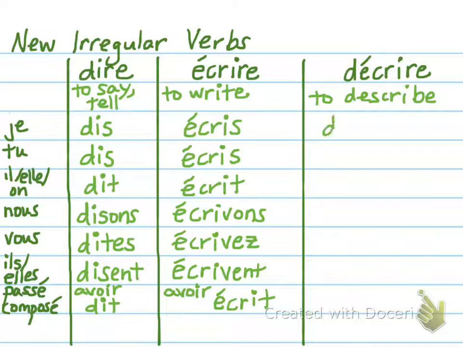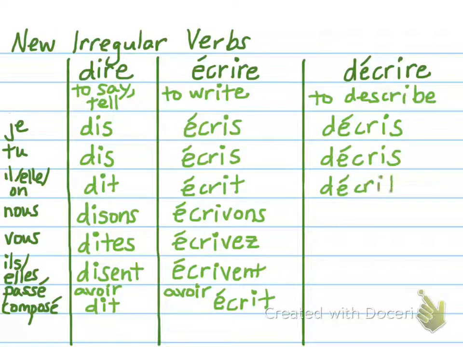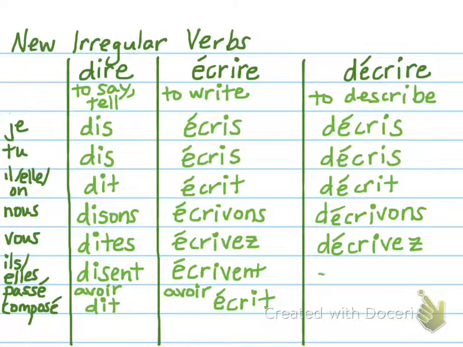So it's je décris, tu décris, il, elle, on décrit, now ending with a T. Nous décrivons, vous décrivez, il, elle décrivent, and for the past participle, again, it uses avoir, and the past participle is décrit.